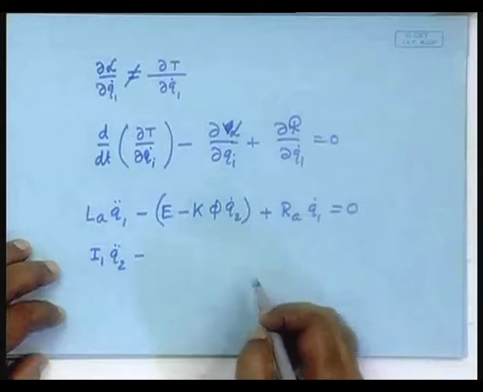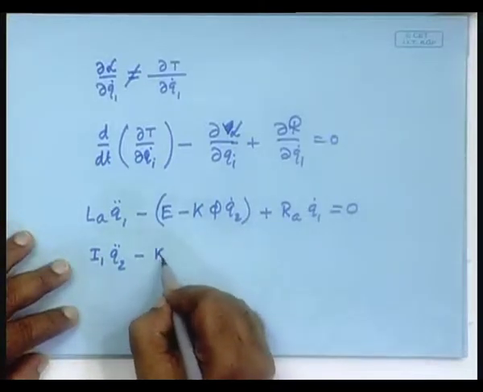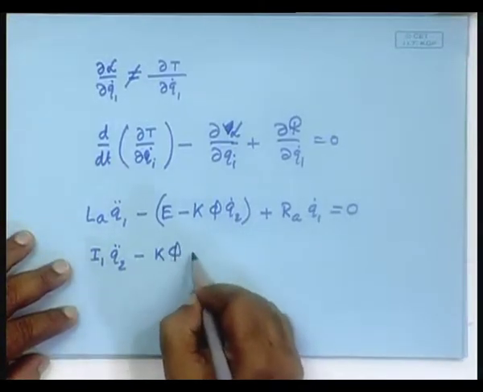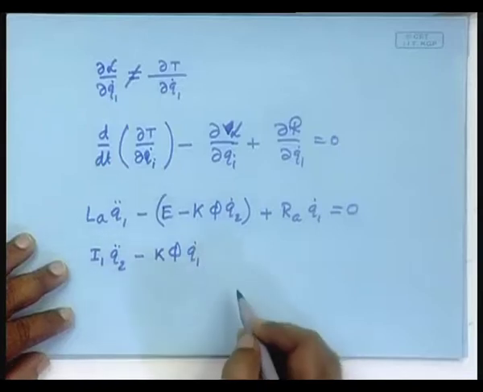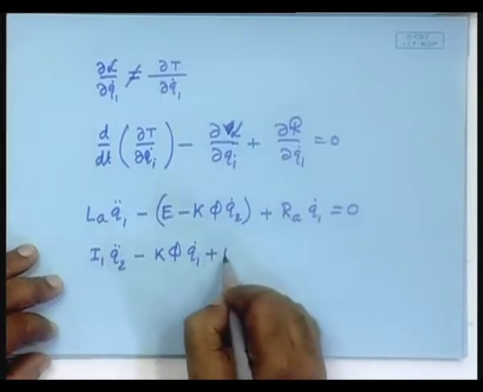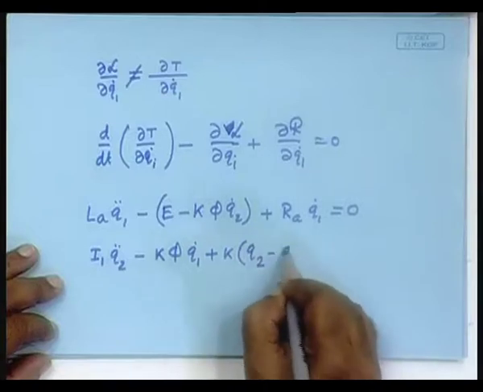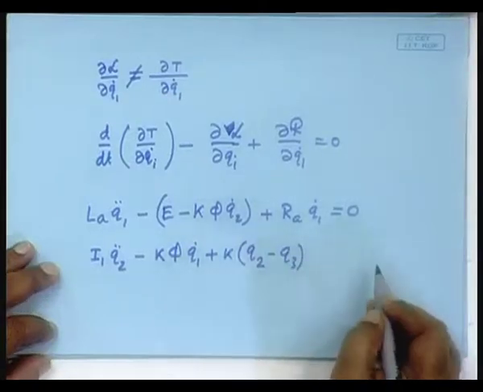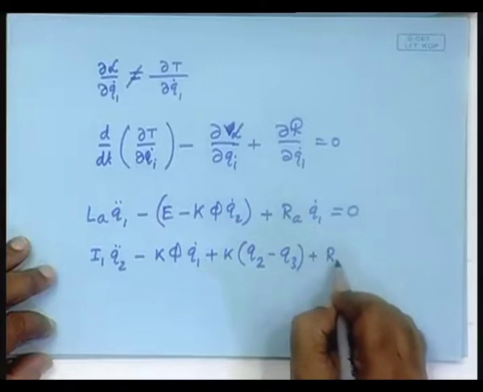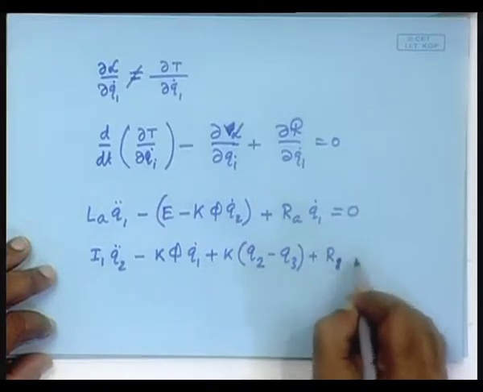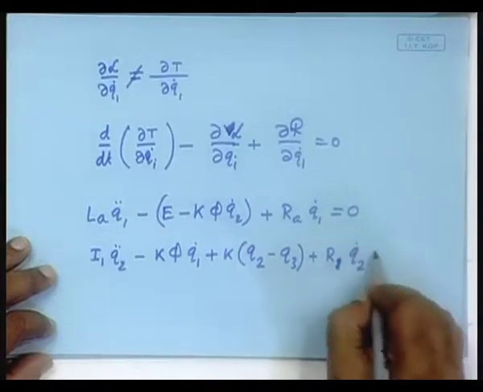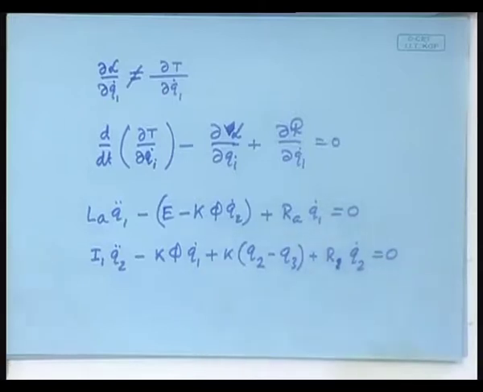So, write it carefully, minus K phi Q1 dot plus K (Q2 minus Q3) plus R1 Q2 dot equal to 0, right.